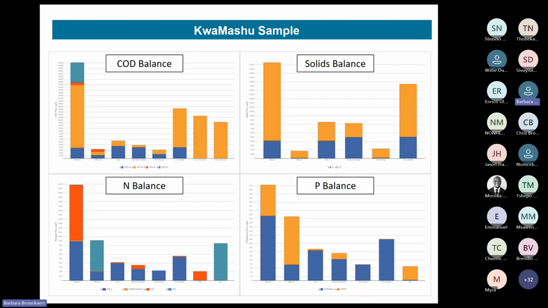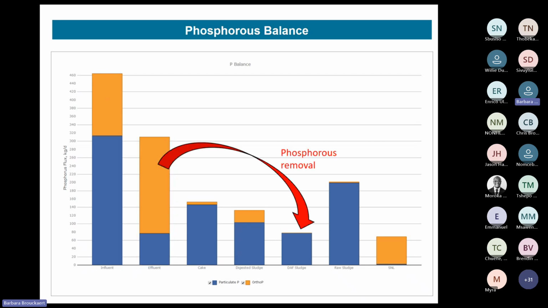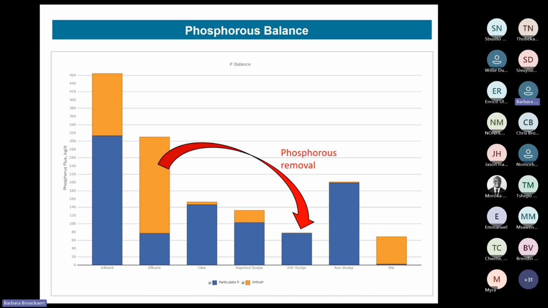For example, for the phosphorus balance, there wasn't a phosphorus removal plant, so most of the phosphorus is going out in the effluent. If you add phosphorus removal, it will be transferred to the waste sludge, which is thickened in the DAF, and ultimately to the sludge cake.